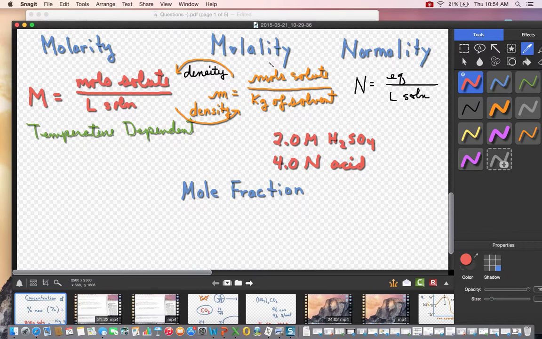Now, we use molality for the elevation of boiling point and the depression of freezing point. So I'm going to make some additional notes. We use molarity for osmotic pressure.